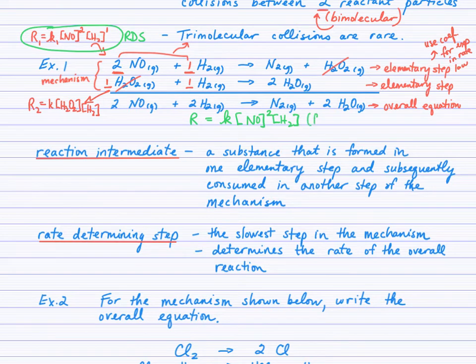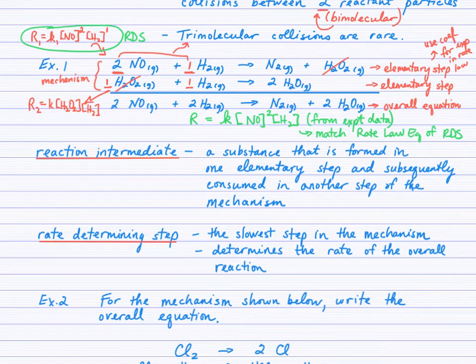So the idea is that this comes from experimental data, which is what you were doing in yesterday's lesson with all those tables. And the point is that it will match the rate law equation of the rate determining step in the mechanism. And so here's the connection between yesterday and today. All right, so it seems a bit complicated.